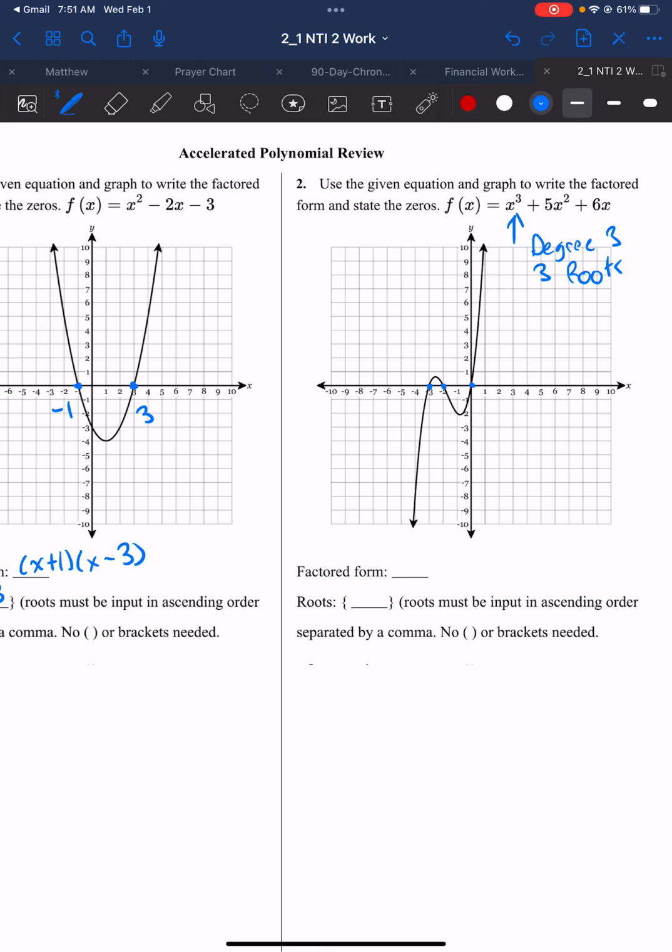So my roots here, I've got -3, -2, and 0. And then for factored form, I'm going to have x plus 3, x plus 2, and x plus 0. Not too bad.